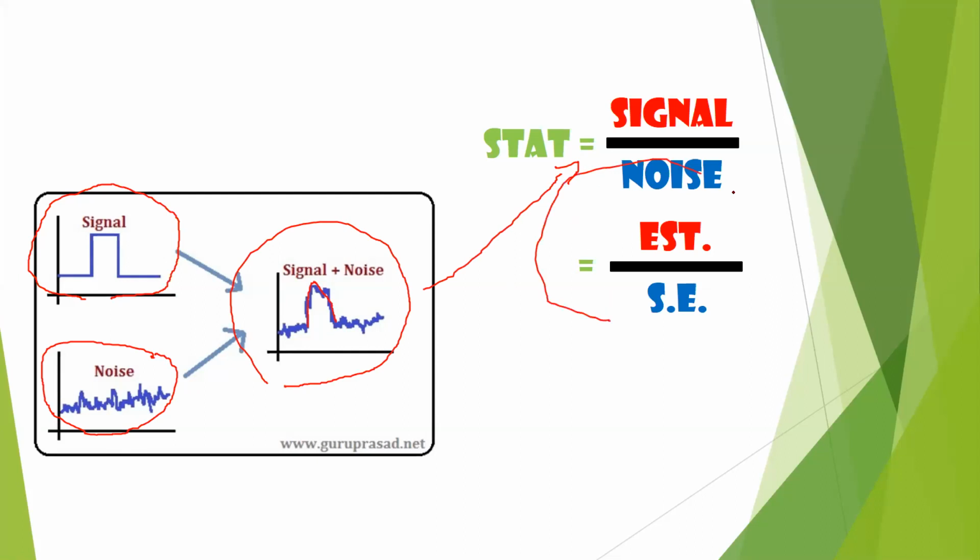But in statistics, we use the statistic, which is calculated from your data. In this ratio, the numerator is the estimation of the parameter of interest, for example, the slope B1, and the denominator is the standard error for that estimation.